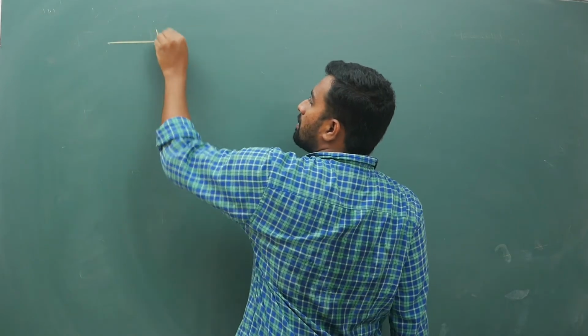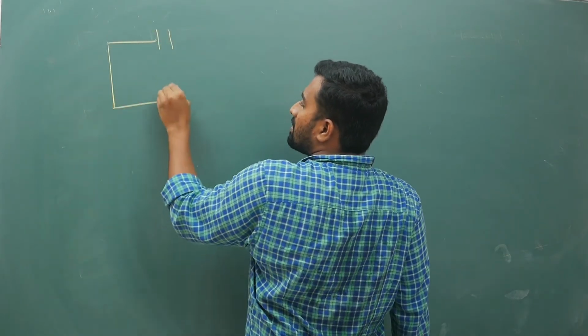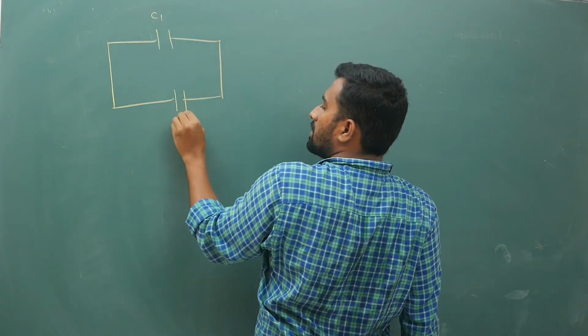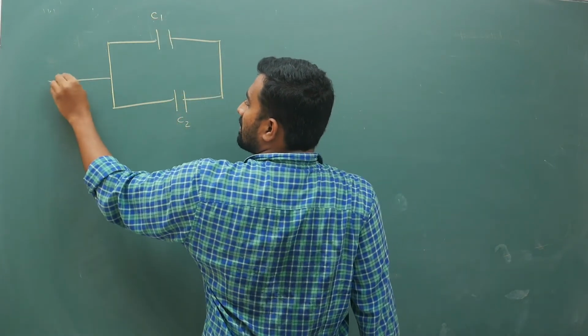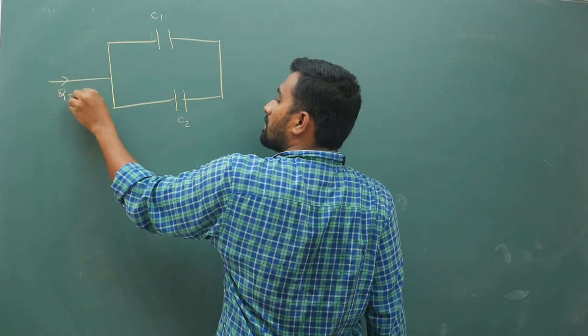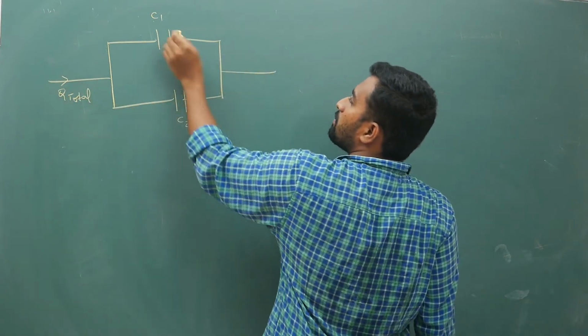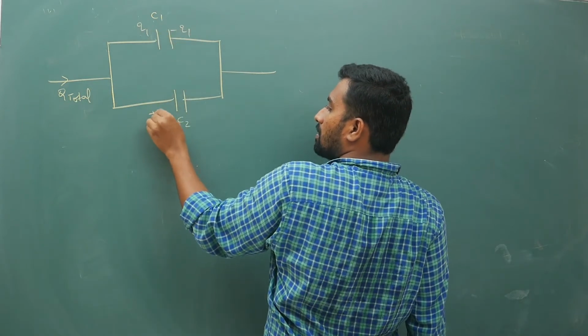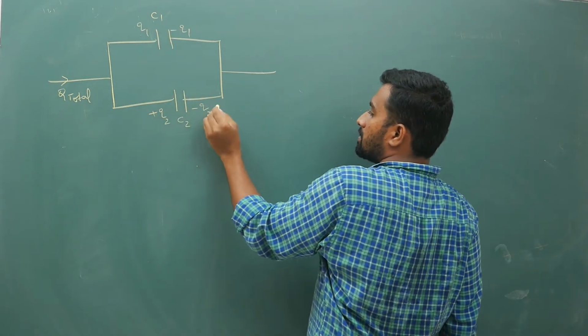Now for example, let us say you have two capacitors C1 and C2, and let us say Q total charge is coming through this and it is splitting here. On this it is splitting as plus Q1 minus Q1, on this it is plus Q2 and minus Q2.